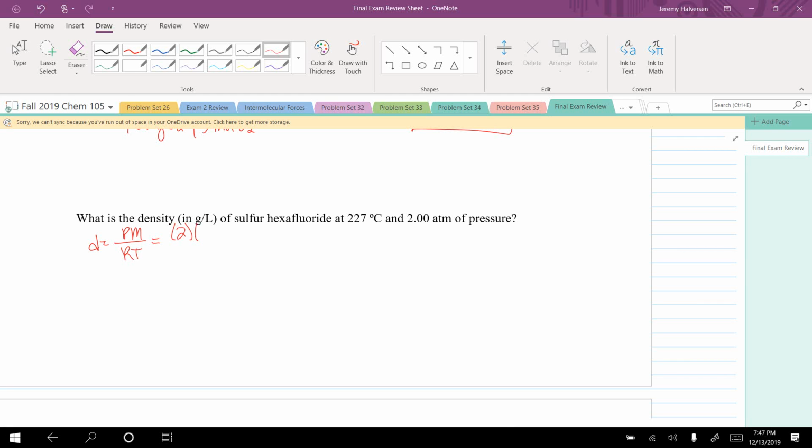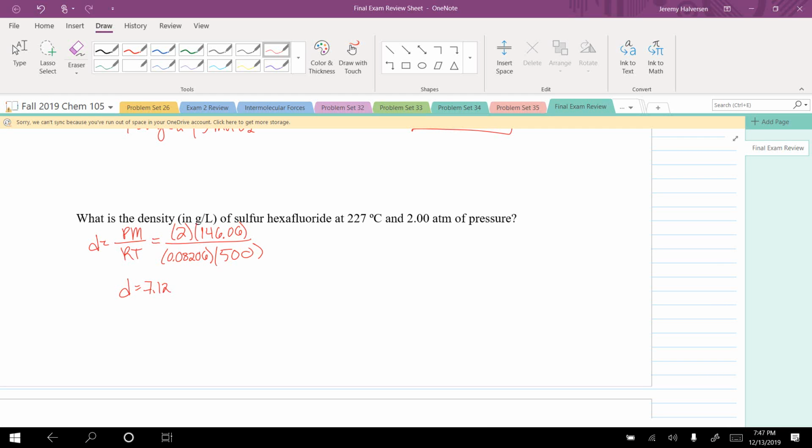Molar mass of sulfur hexafluoride. 7.12? Sweet. I know I'm going quickly, but that's okay.